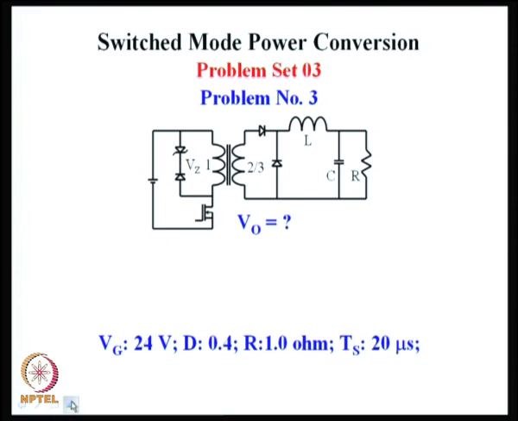In a real converter, because of the several voltage drops in the converter, this V naught will not be the same as 6.4 volts. It will drop because of the switch, the diode, and so on.